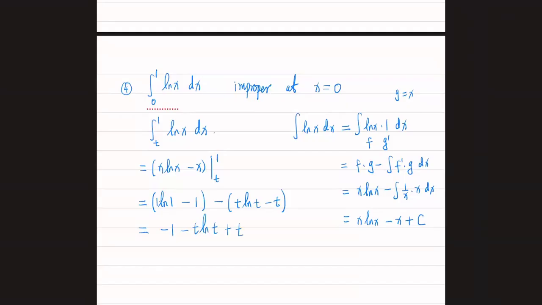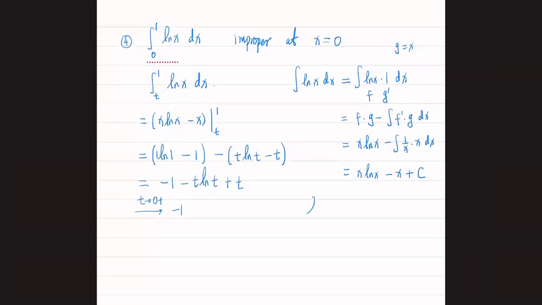Now we need to find the limit when t goes to 0. Negative 1 is negative 1. What's the limit of this when t goes to 0? Zero. Okay, nice. Minus 0 plus 0, negative 1. If you forget, you should be able to check that this is 0 and confirm this.